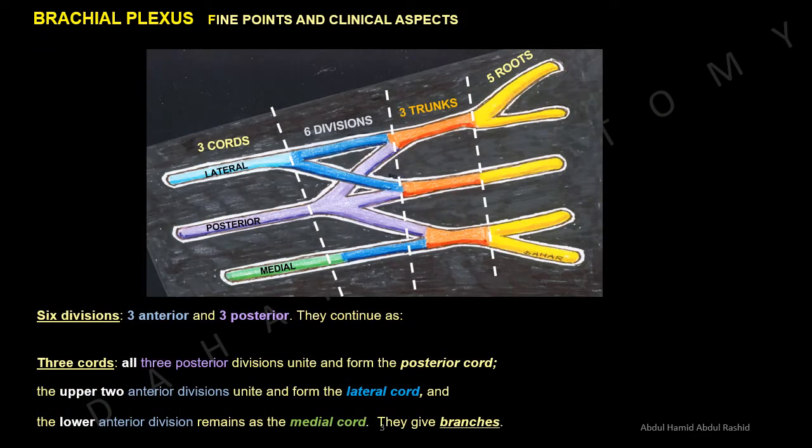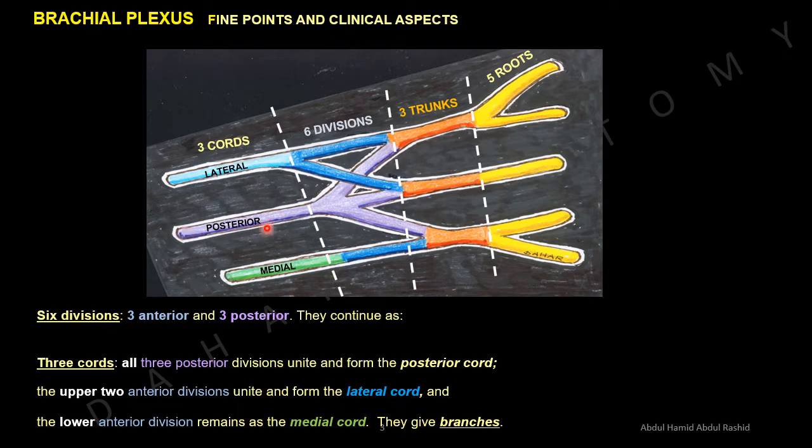Formation of brachial plexus, continuation. Here we have 6 divisions, 3 anterior blue color and 3 posterior divisions. They continue laterally to form 3 cords. All 3 posterior divisions, this purple color, join to form the posterior cord.